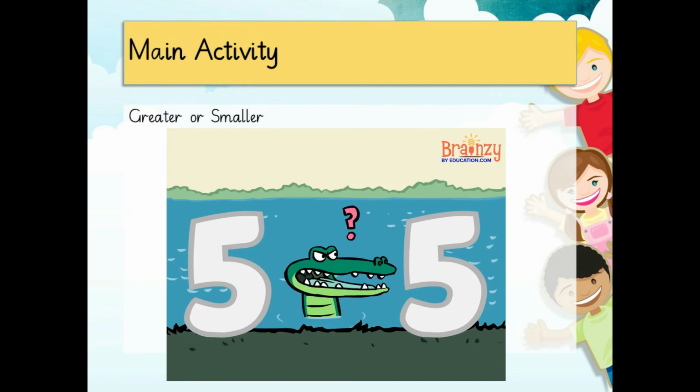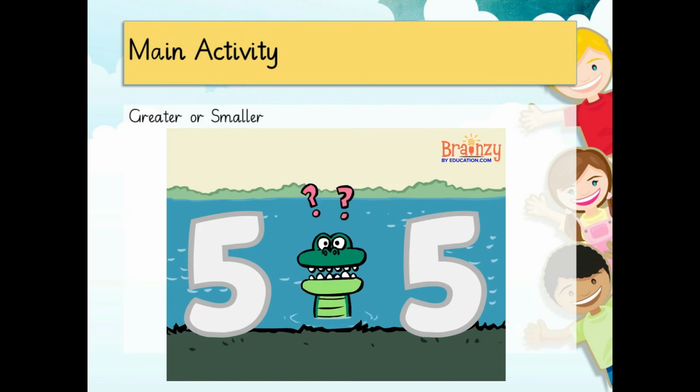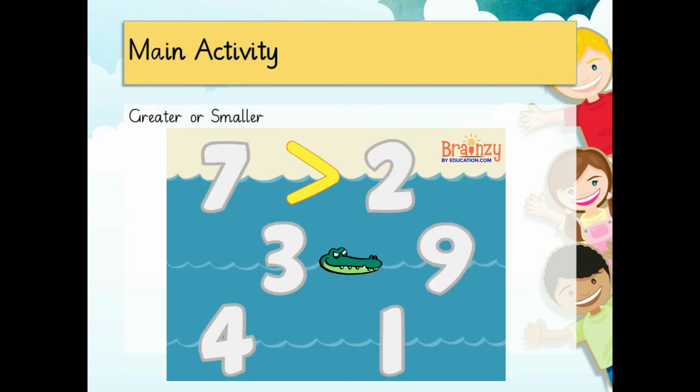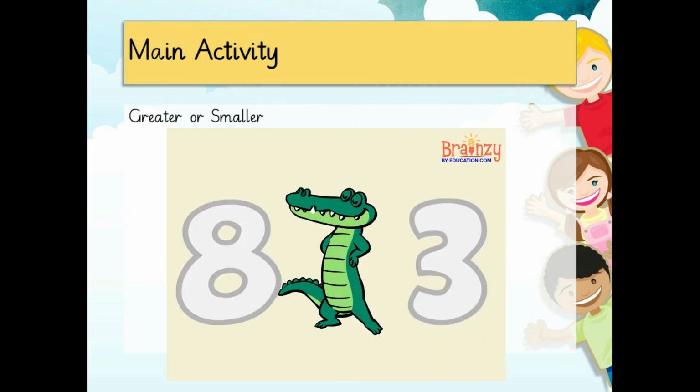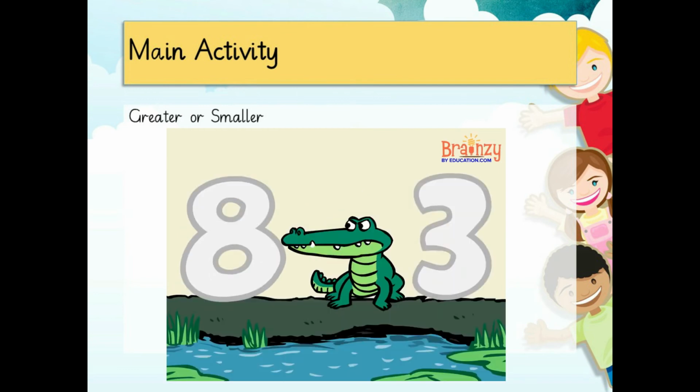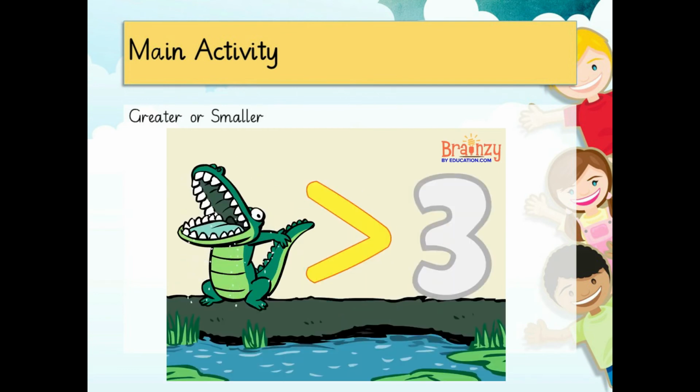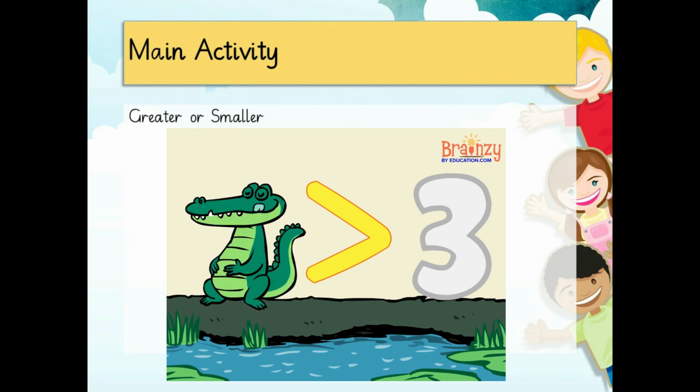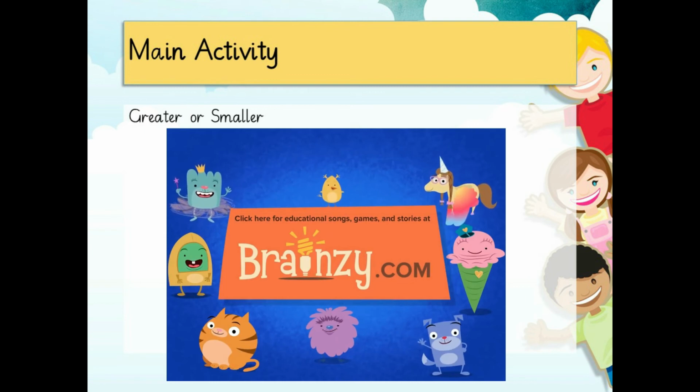Because she isn't sure exactly how to dine, she stands right in the middle as an equal sign. Number gators like to eat what's greater. They turn their backs on what is less. Their mouths open wide for the bigger side, and they munch down the whole great mess. For more songs, games, and original stories, visit Brainsy.com.